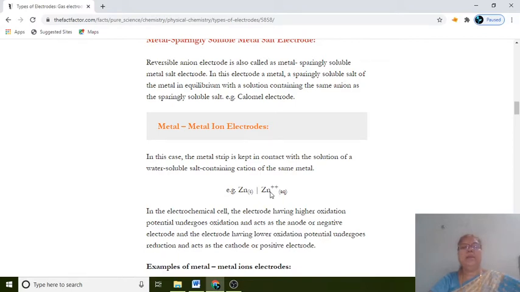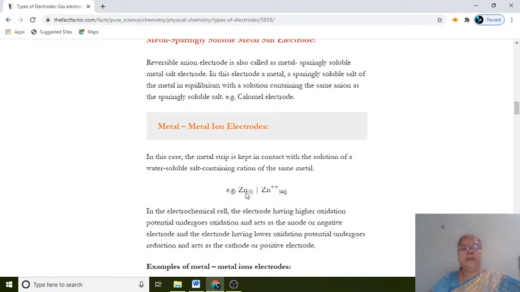Suppose, for example, we have a zinc rod, and it is dipped in a solution containing ZnSO4, that means the solution contains Zn++ ions. This combination is called a metal ion electrode. Here the metal strip is kept in contact with the solution of a water soluble salt containing a cation of the same metal.